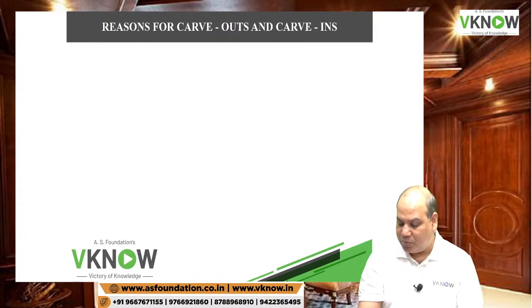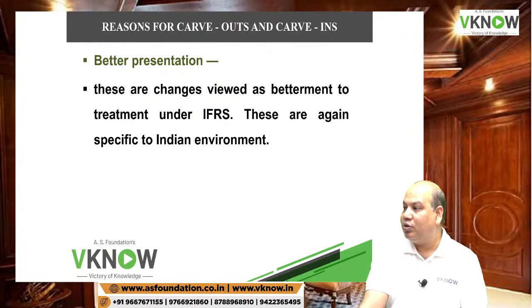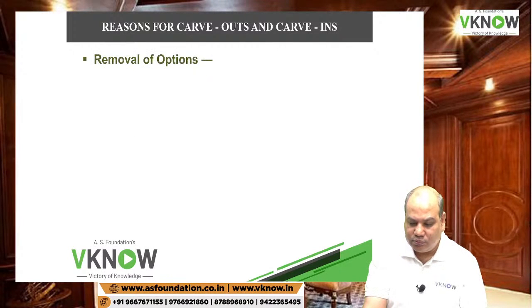These are again specific to the Indian environment. Like changing the name to balance sheet, P&L account is better because we Indians, in our 11th standard accounts classes, are taught balance sheet. And now if you tell them to use SOFP, statement of comprehensive income, maybe the tax officer will also not understand it. So let us continue with the same terminology.